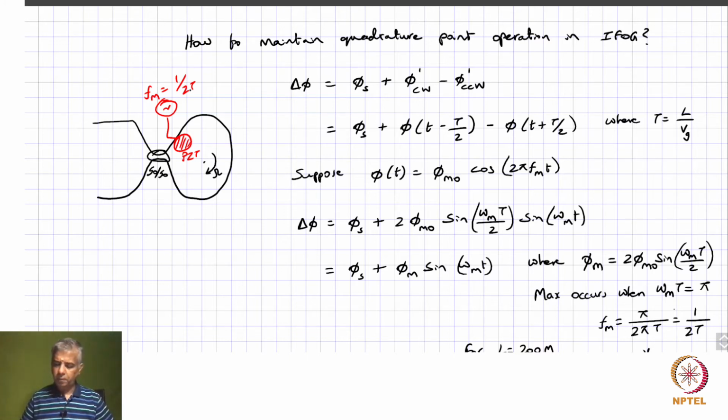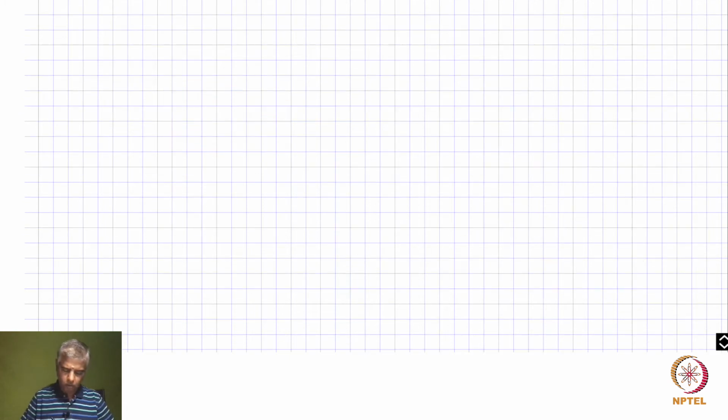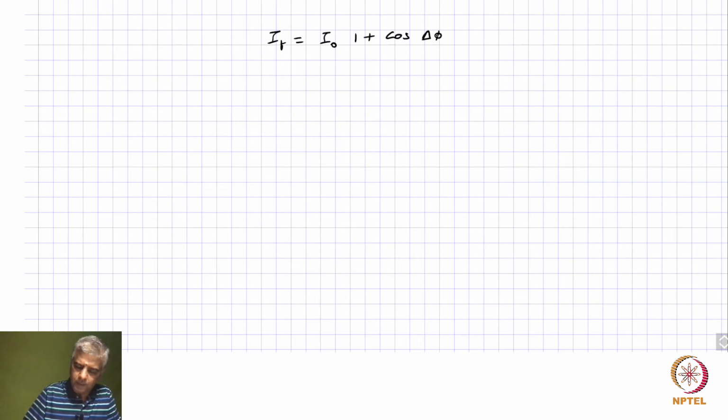So, that is one part, but now what we see is, as far as the interferometer output is concerned, we just wrote it simply as I of t equals I naught multiplied by 1 plus cos of delta phi, right.